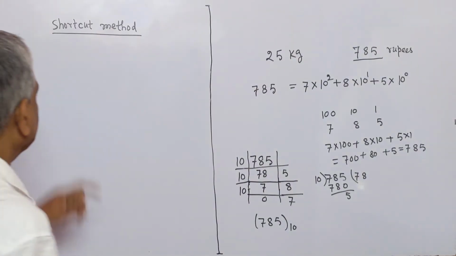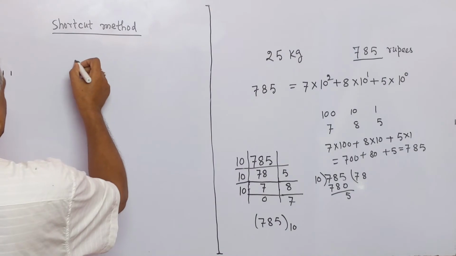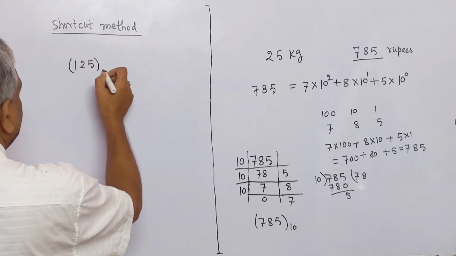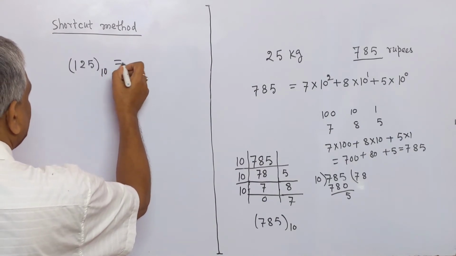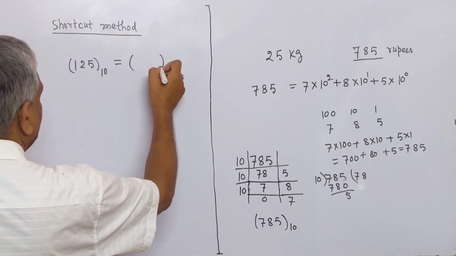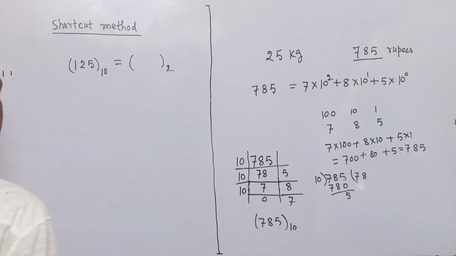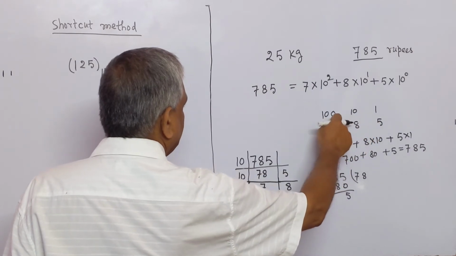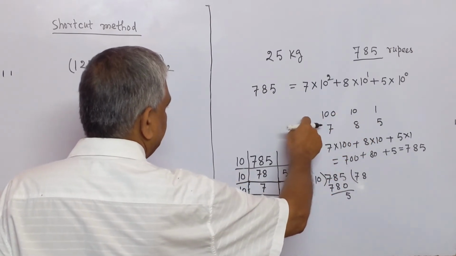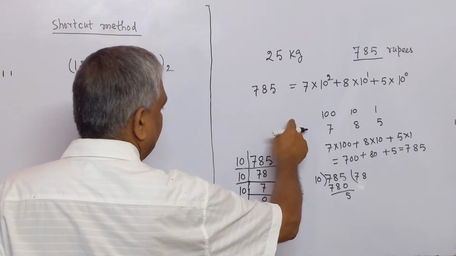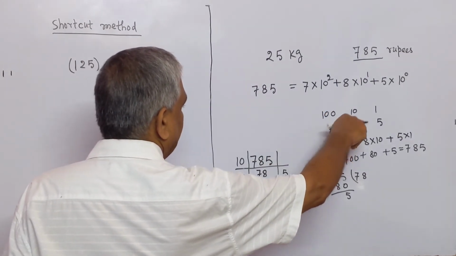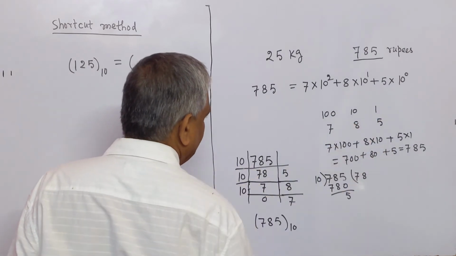Now, shortcut method. Here we have a number 125 in decimal system. We have to convert this number in binary system. Since in decimal system we write 1, 10, 100, 1000, multiples of 10, and we multiply the corresponding columns and then add.